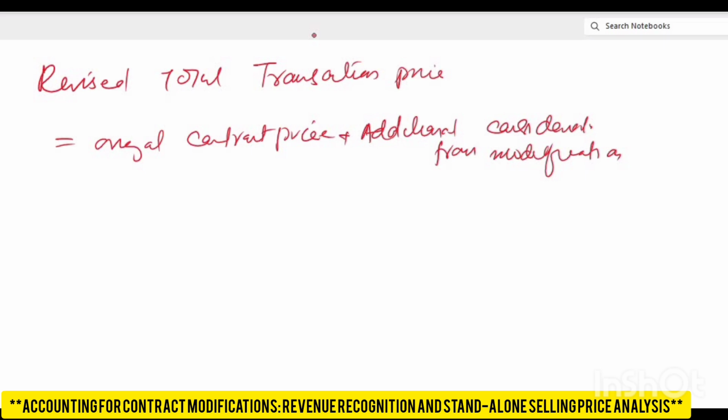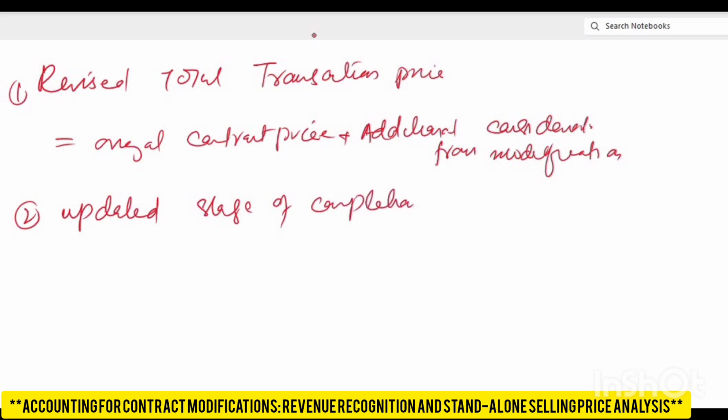Clear? And the second one which we have discussed, that is the updated stage of completion. And for that, what will you do?